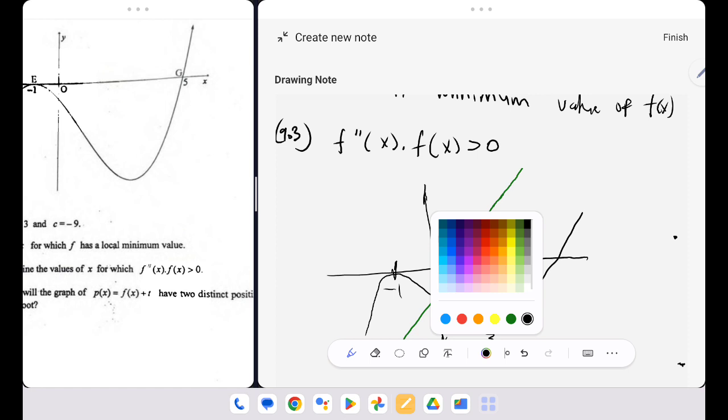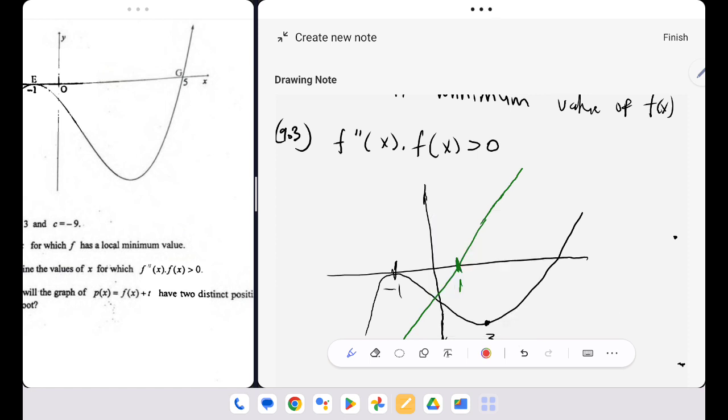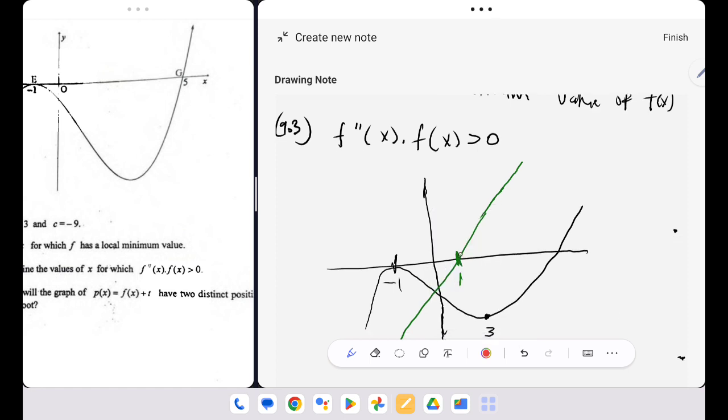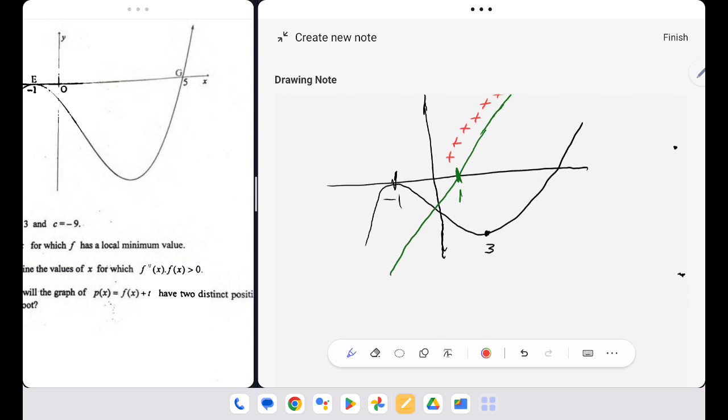Are you together? So I will just indicate those with a red ink. So when my graph is above, I'll have these now, and then when it's at the x-axis, it's equal to 0, and then it changes. Below the x-axis, it becomes negative.